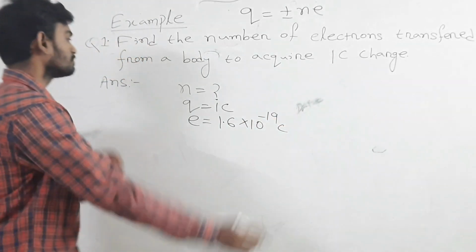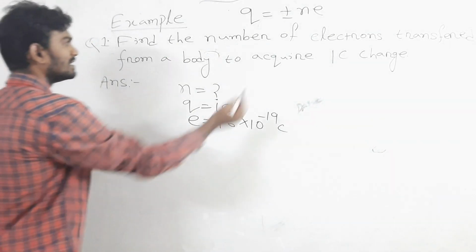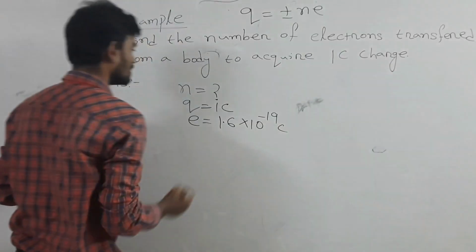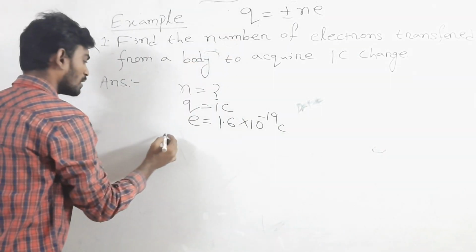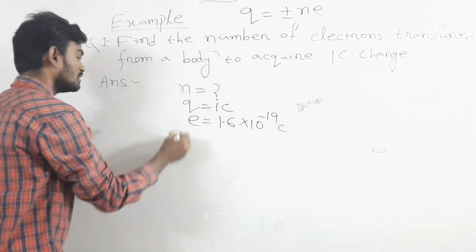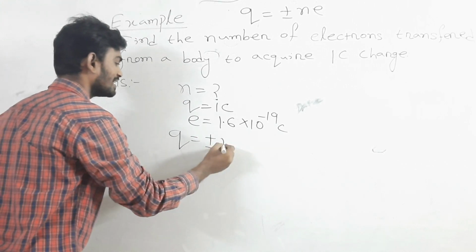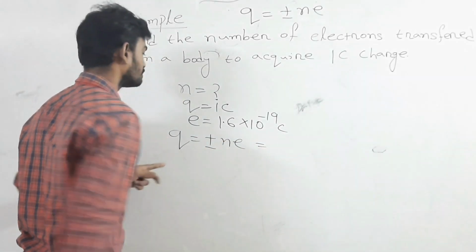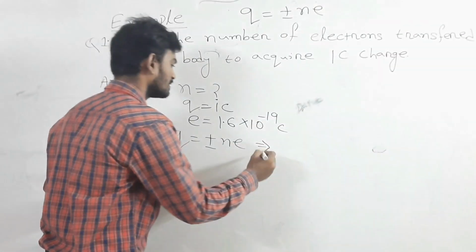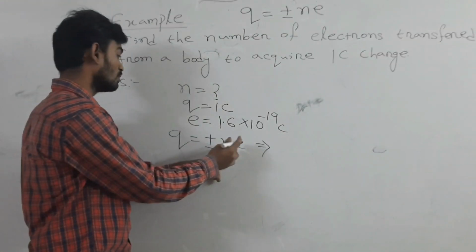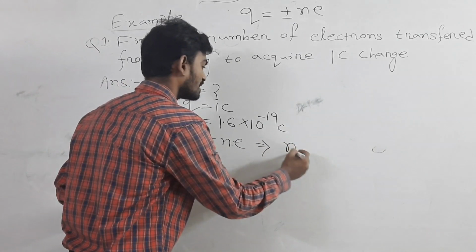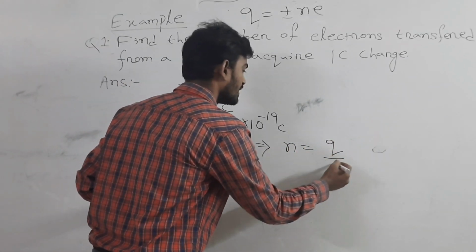As it is given electrons, it will be minus. Then as per the formula of the quantization principle, Q is equal to plus or minus n e. Here we want to find n, so n is equal to Q by e.